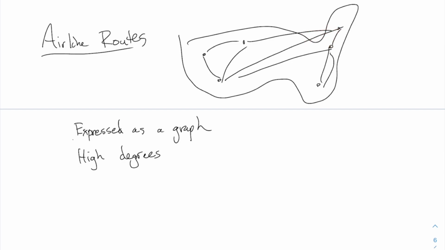This would roughly represent how big the airport is, right? A city which has only one edge coming out of it means they've only got one flight. They're probably a small airport. So high degrees represent, in the business, what they call airline hubs.